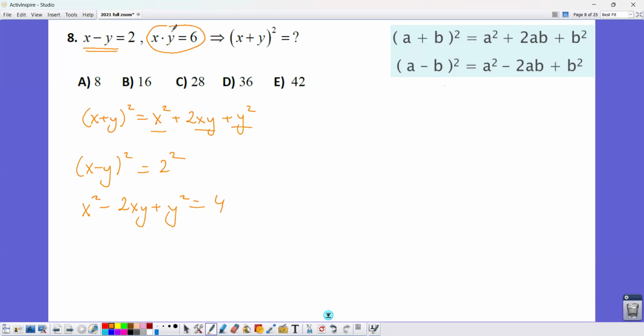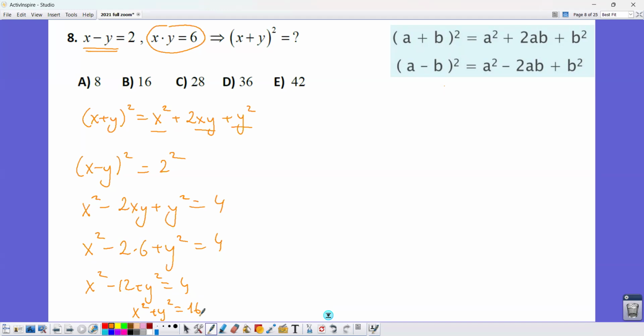We know x times y from the question, so it becomes x squared minus 2 times 6 plus y squared is equal to 4. So I have x squared minus 12 plus y squared is equal to 4. I will take 12 to the other side, and I find that x squared plus y squared is equal to 4 plus 12, which is 16.